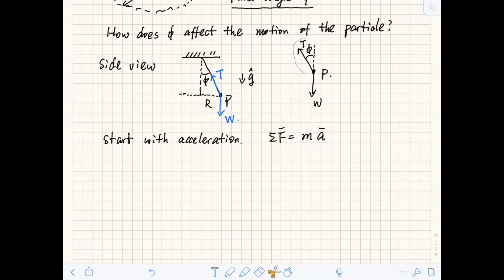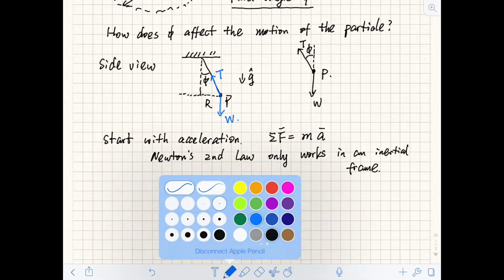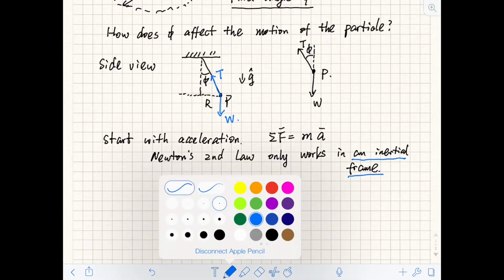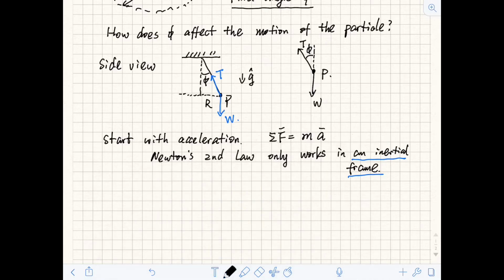In order to find the tension or the forces on the particle, we need to solve for the acceleration first. And recall that Newton's second law only works in an inertial frame. So we need to find the acceleration of the ball, or the particle P, in the inertial frame.